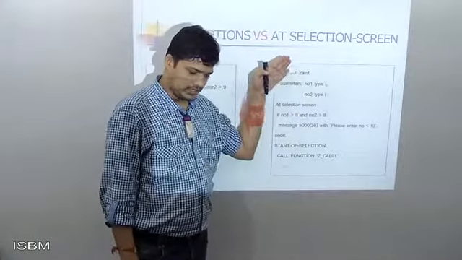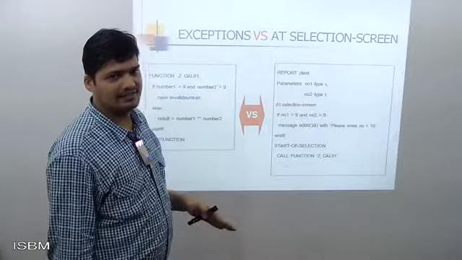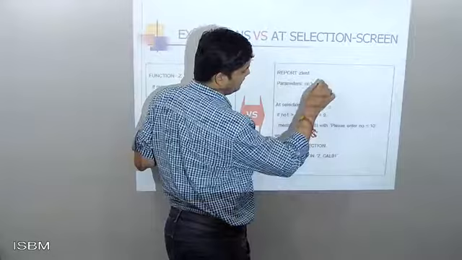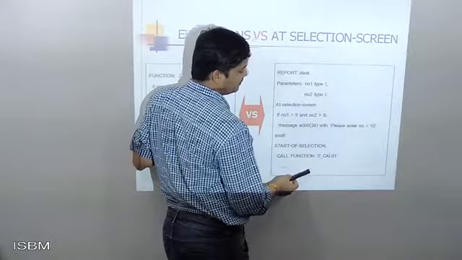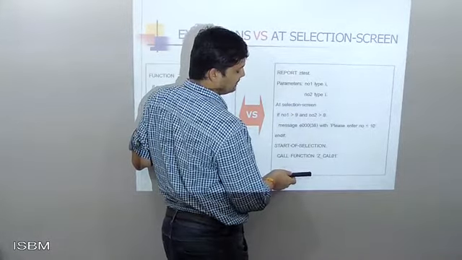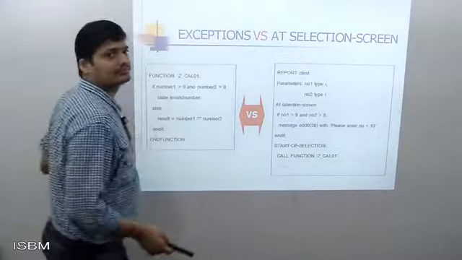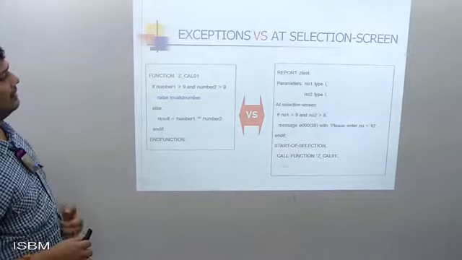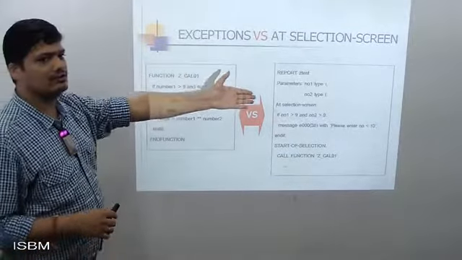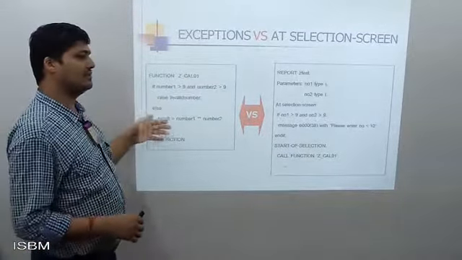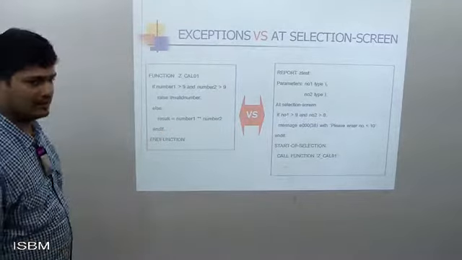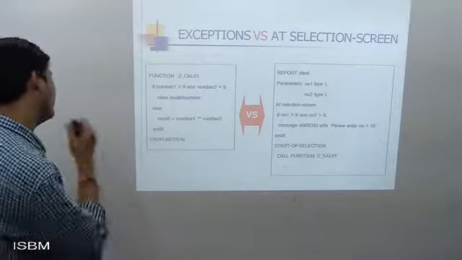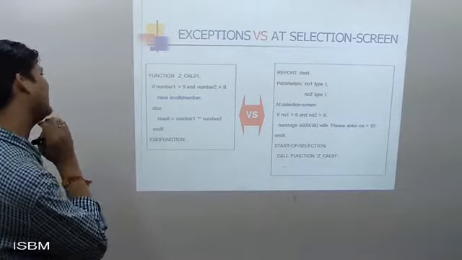The user can identify that they have written the wrong number, and it will not raise any exception over here. So this is the way you can create it, at the selection screen level and also at the exceptions level. There are two ways you can create.